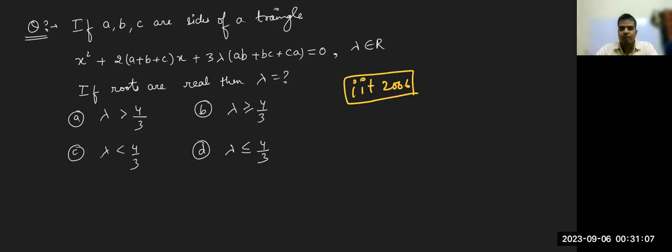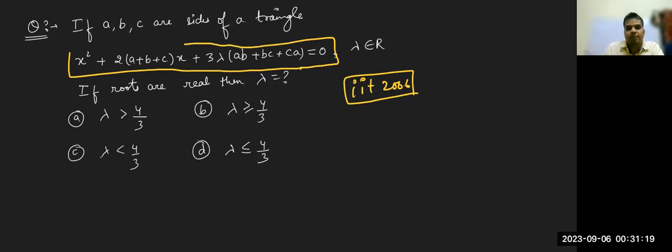The question says that a, b, c are the sides of a triangle, and this particular equation has real roots. So find the value of lambda, where lambda belongs to the real numbers. Now, this says the roots are real.